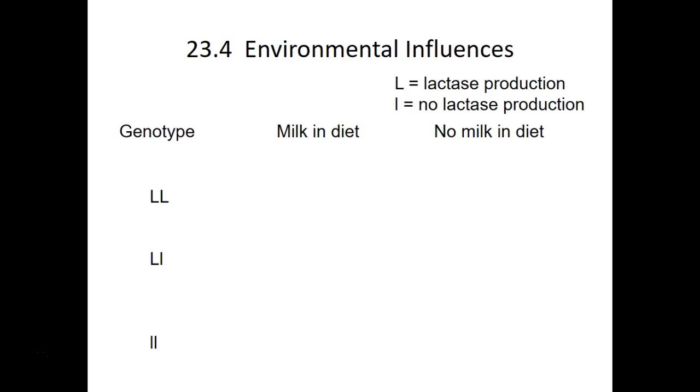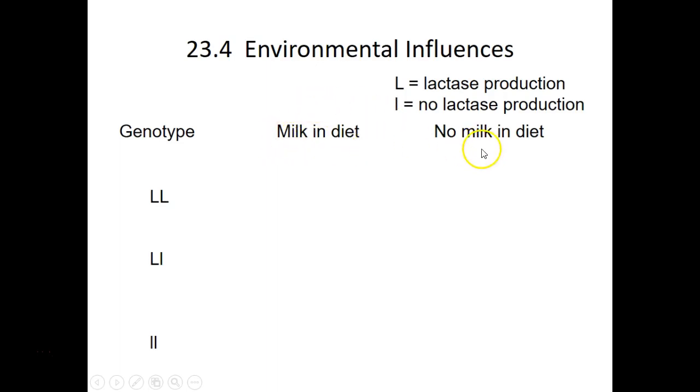So this is normal for lactose production, it's completely dominant. So if you have big L, you make the enzyme that you're supposed to, lactase, to break down lactose. If you have big L, you again have that dominant allele so you can break down lactose.